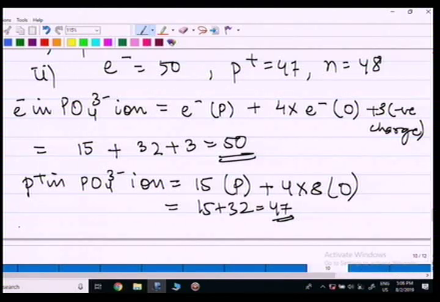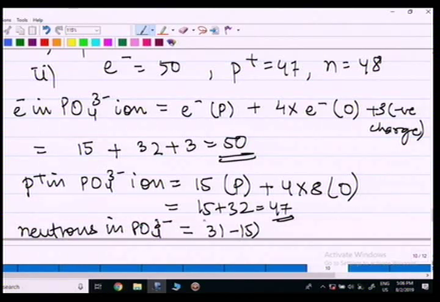Similarly, now if I have to count the number of neutrons in phosphate, that would be equal to the number in phosphorus, which is 31 minus 15, plus 4 into 16 minus 8, which is equals to 48.